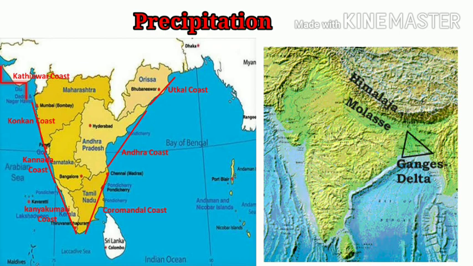Now the last: most parts of India receive rainfall during June to September, but the coastal areas of Tamil Nadu get rains at the beginning of the winter season.